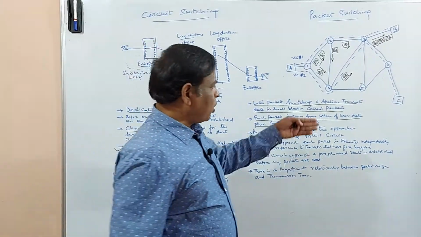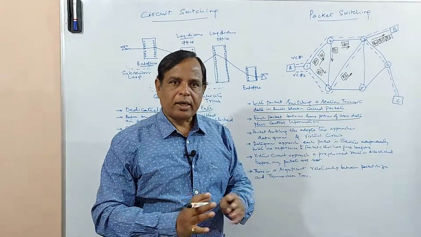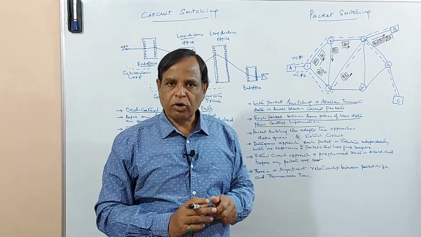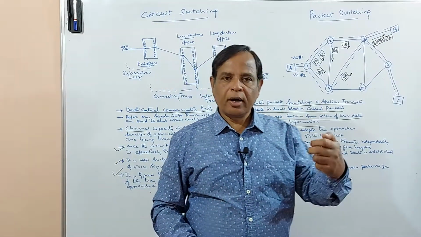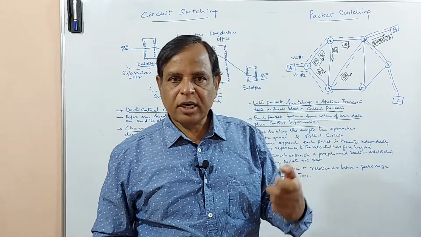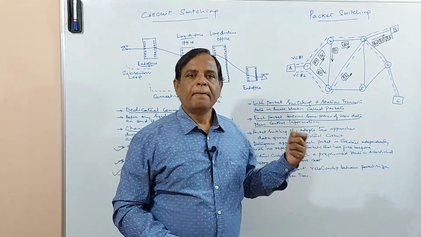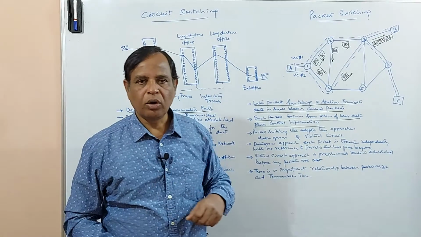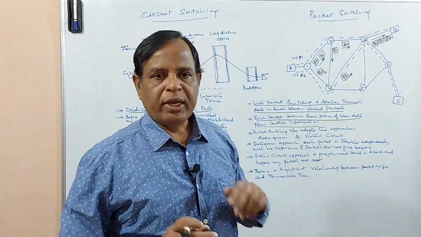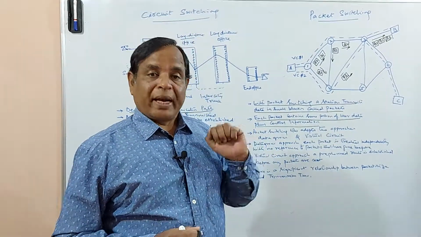But here, the large data is broken into pieces, which we call packets. So definitely nodes in between come into the picture, responsible for routing perfectly to the destination. This is the very concept of packet switching.